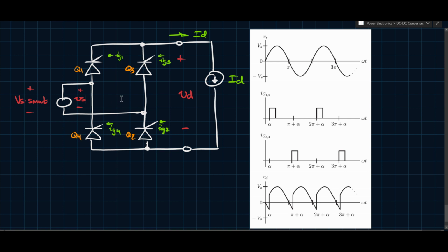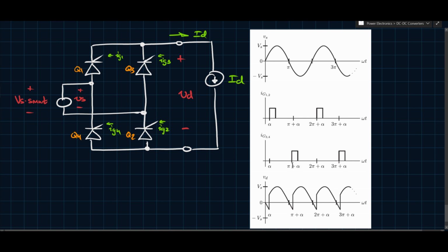Let's say 1 and 2 are on up till this point. It crosses 0, and they stay on during this time. Then at pi plus alpha, because you want it to be symmetric, you want some regularity to your switching. So you have the same angle alpha after pi, and you use pi because that is when the voltage goes negative and the other two would start to conduct.